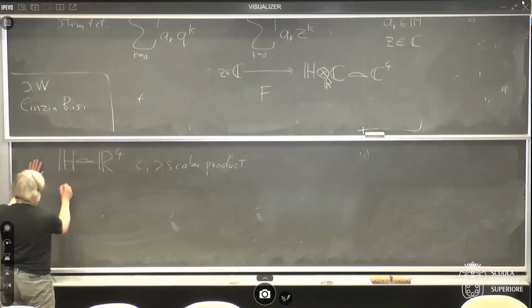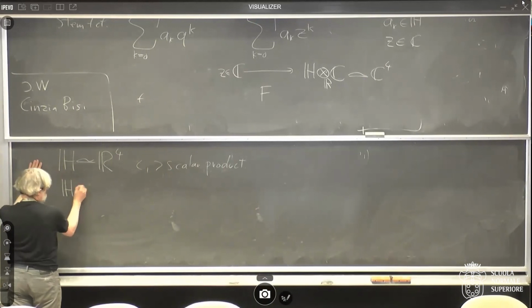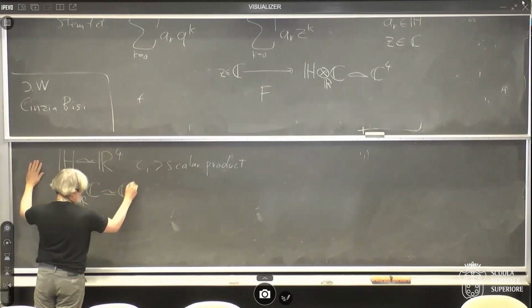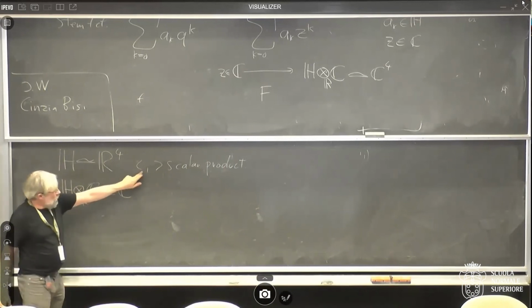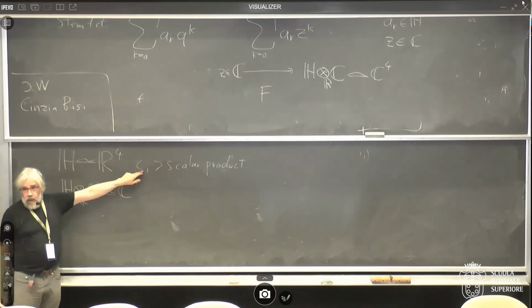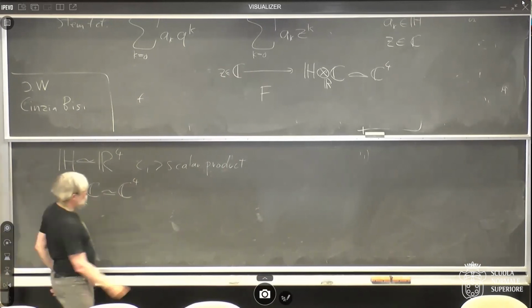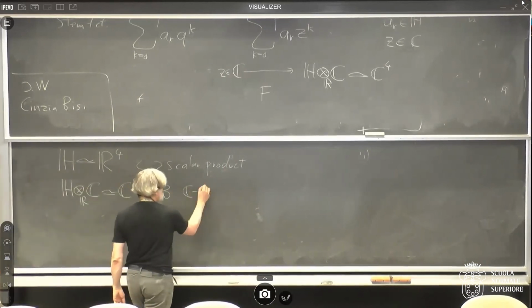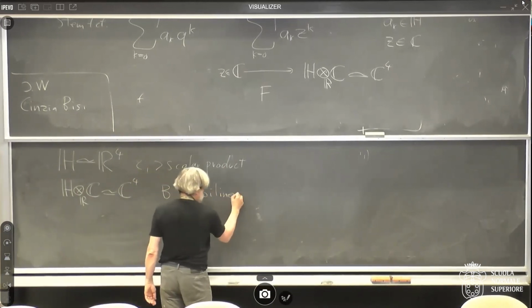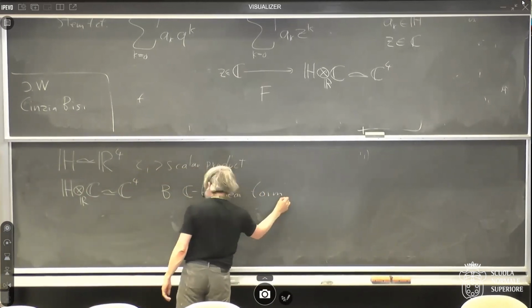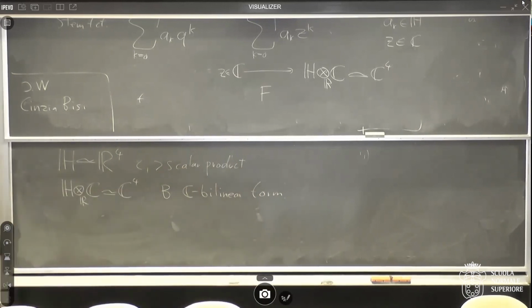What happens if you now consider the tensor product? If you take the tensor product, then you can take the scalar product and also apply the tensor product structure. And what you get is some C bilinear form. So I really mean a C bilinear form. I don't mean a Hermitian product.